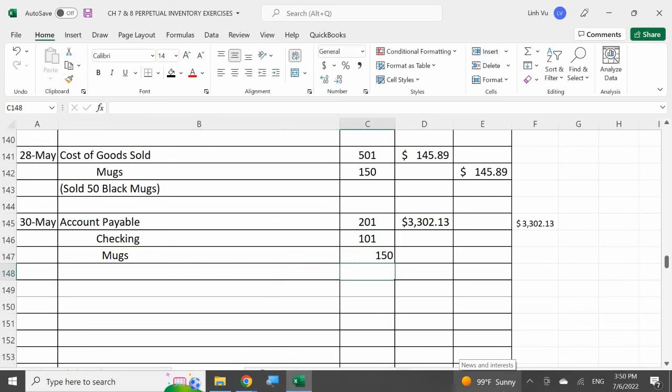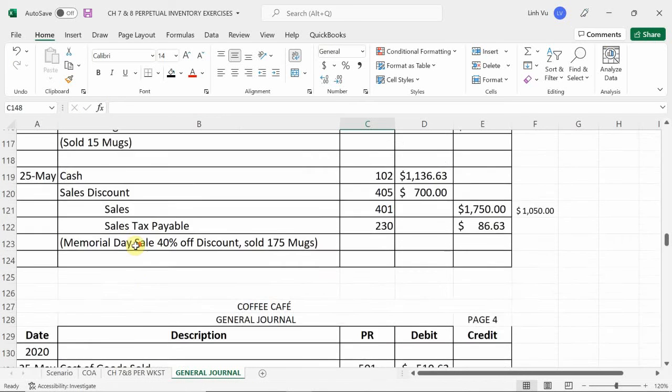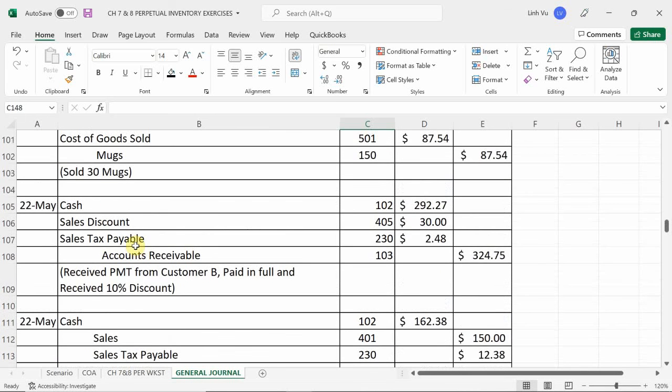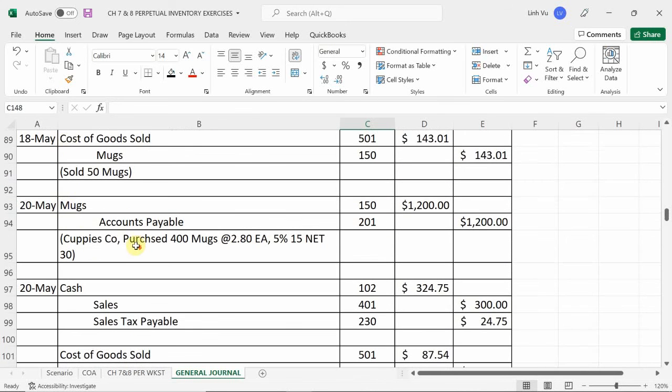Okay, now you said the discount is going to be 5% off of the 1,200. Let's go back to that transaction real quick. Right here, my mugs. How much did I actually purchase my mugs for? And what does this 1,200 amount include? It includes freight.